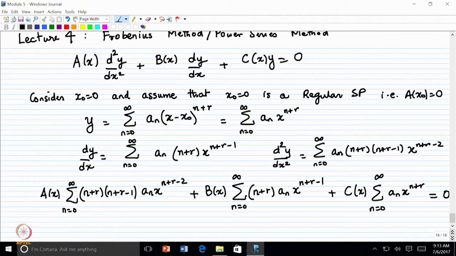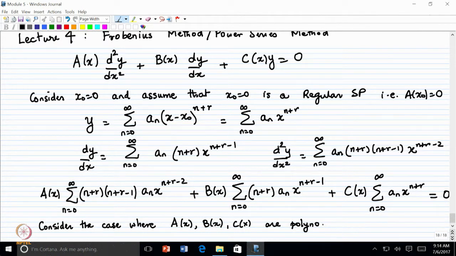In order to do this, we will consider the case where a of x, b of x, c of x are polynomials.